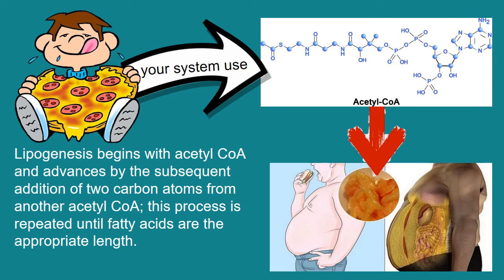This process is repeated until fatty acids are the appropriate length. Because this is a bond-creating anabolic process, ATP is consumed. However, the creation of triglycerides and lipids is an efficient way of storing the energy available in carbohydrates. Triglycerides and lipids, high-energy molecules, are stored in adipose tissue until they are needed.